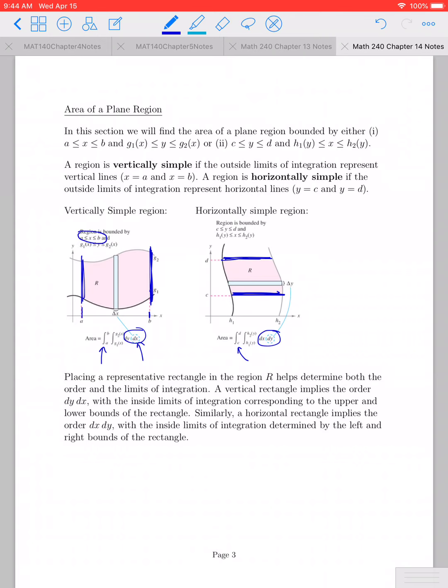A lot of times if you place a representative rectangle in the region R, it can help to determine both the order of integration as well as the limits of integration. A vertical rectangle, as we said a moment ago, will imply the order of dy dx, with the inside limits of integration corresponding to the upper and lower bounds of the rectangle.